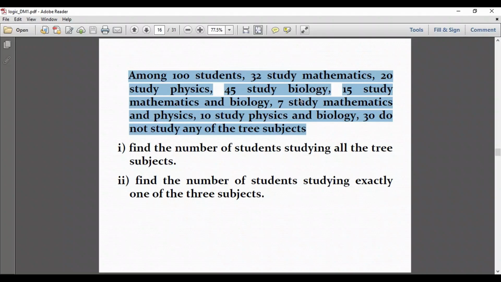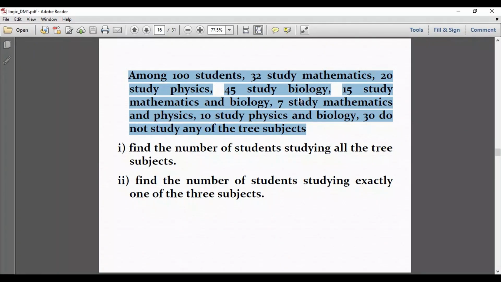So what is that, student? Mathematics and biology means, suppose I'm putting M as the mathematics set, P as the physics set, and B as the biology set. It would be easier if I'm putting M, P, and B. So 15 study mathematics and biology means what? M intersection B is 15 they have given.